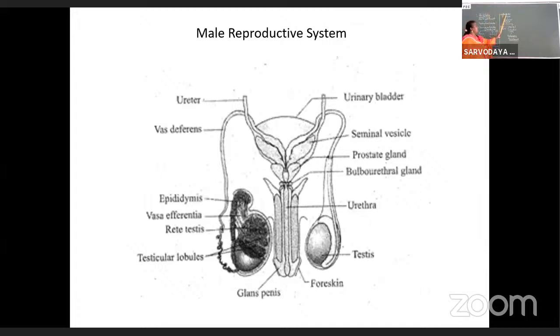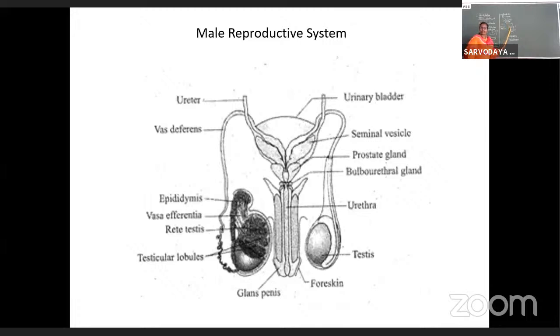So, outside the seminiferous tubule, there is a space. The space is referred to as the interstitial space. The interstitial space shows the presence of blood vessels and Leydig cells. What is the other name for Leydig cells? Interstitial cells. What is the function of these cells?